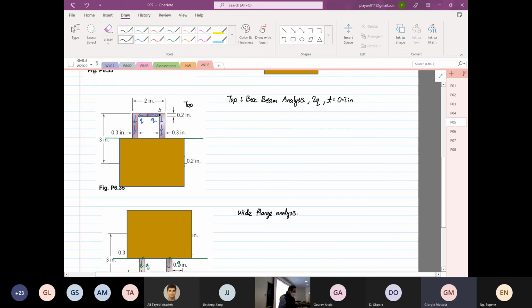Now, what we want to find in this problem is the By over Izz ratio. Why we want to find this ratio is because this ratio is constant at any point of the structure.